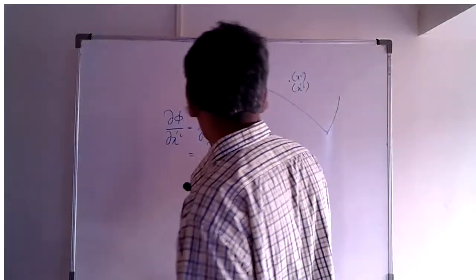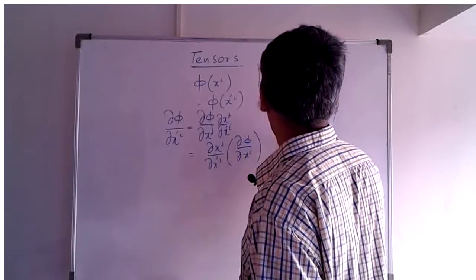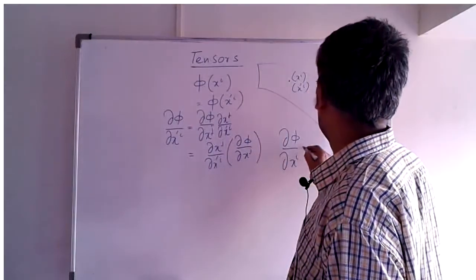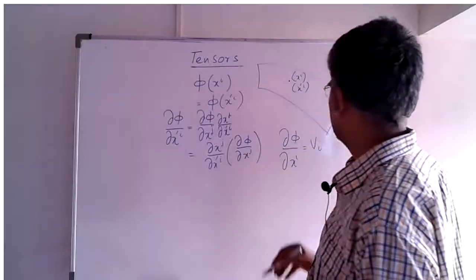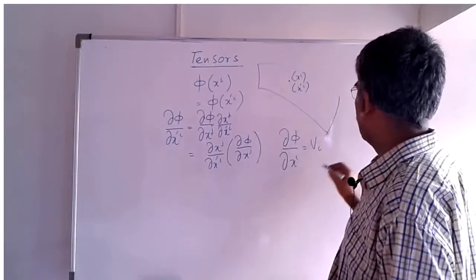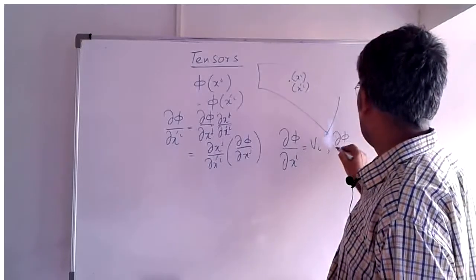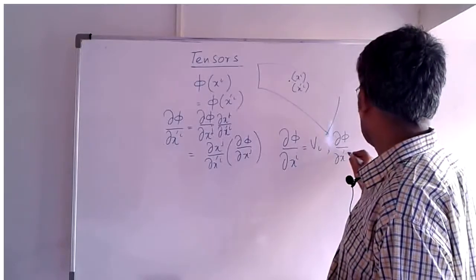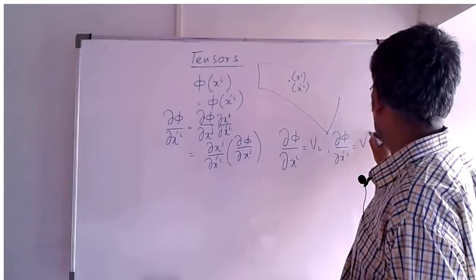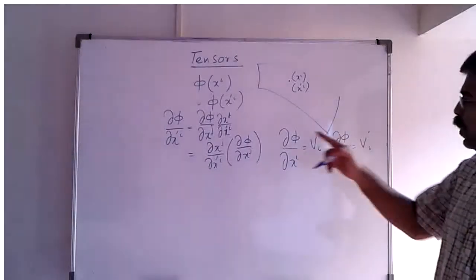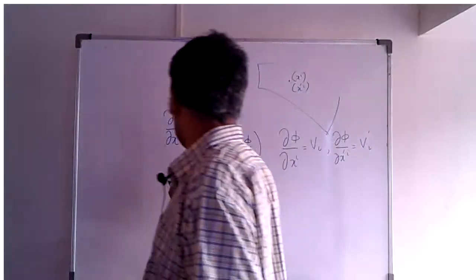Now if you say that del phi del xi is vi, and del phi del x prime i is v prime i, if I plug in these values, what shall I get?